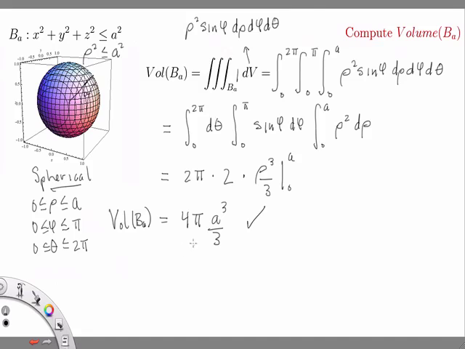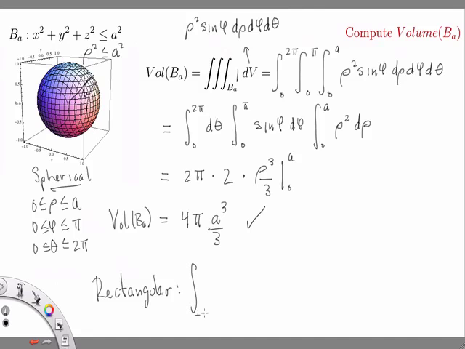Now you might ask, was using spherical coordinates worth it here? To understand that, I think it's best to just write out what this integral would be in rectangular coordinates. In rectangular coordinates, the bounds get much more complicated for this ball.